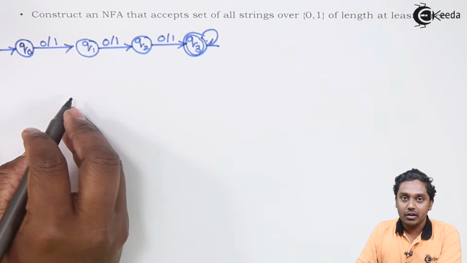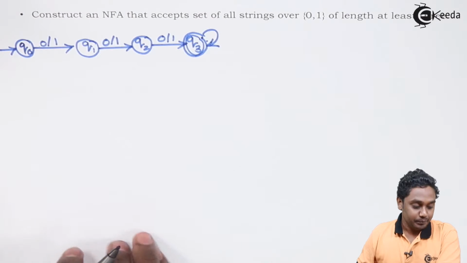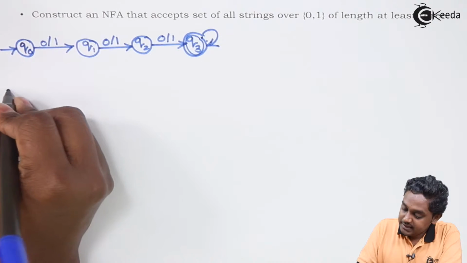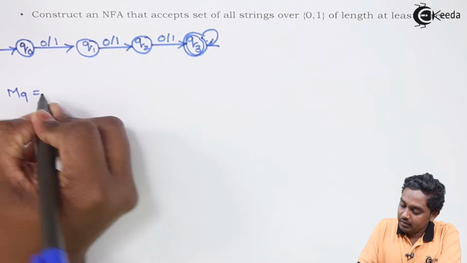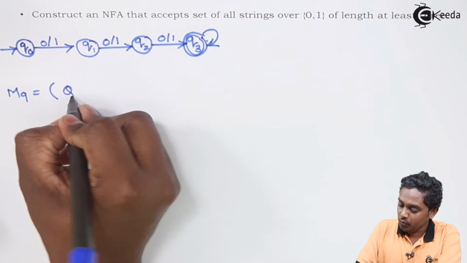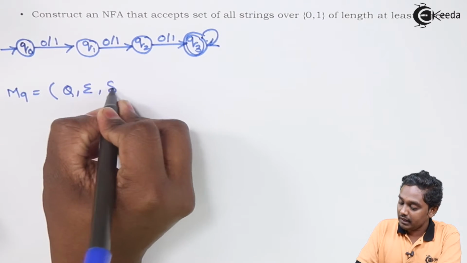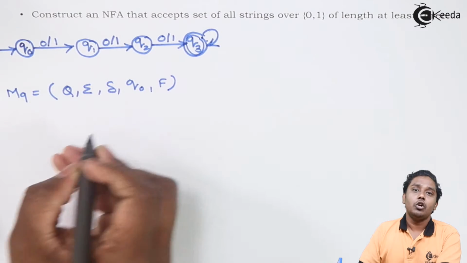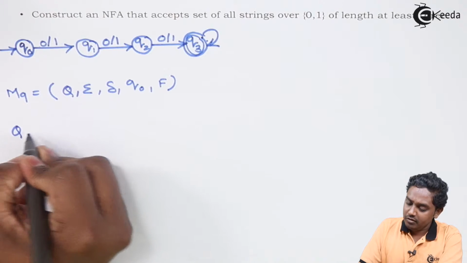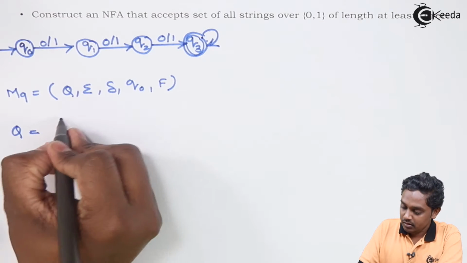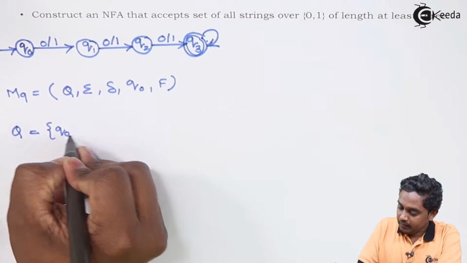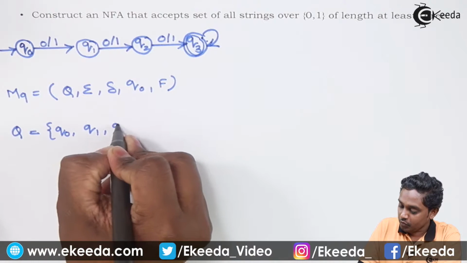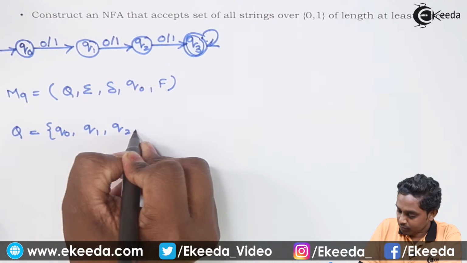Let's see the mathematical definition of this NFA. Let's name this M9, having the components Q, sigma, delta, Q0 and F. Over here, Q is the set of states, Q0, Q1, Q2 and Q3.